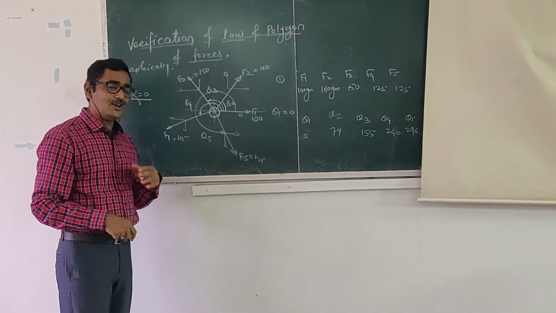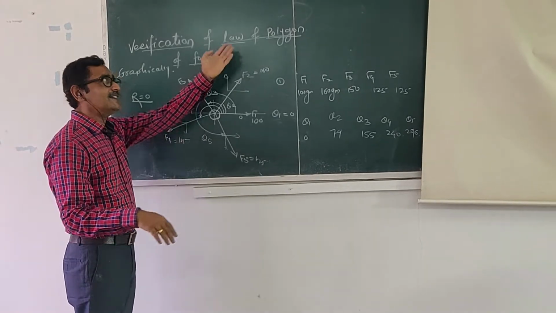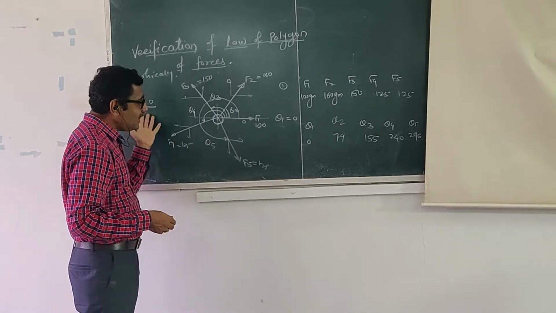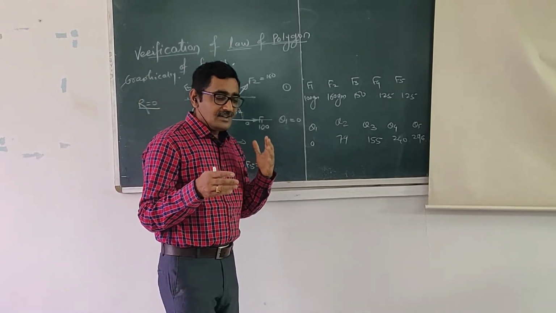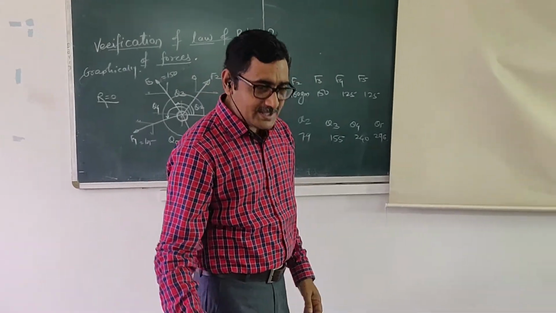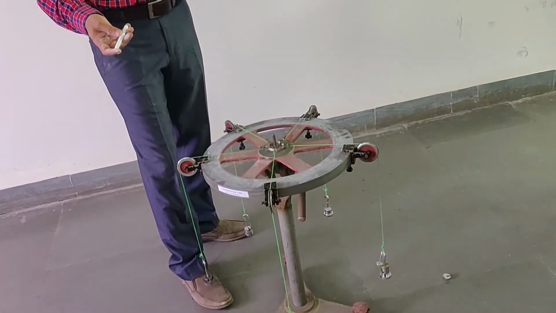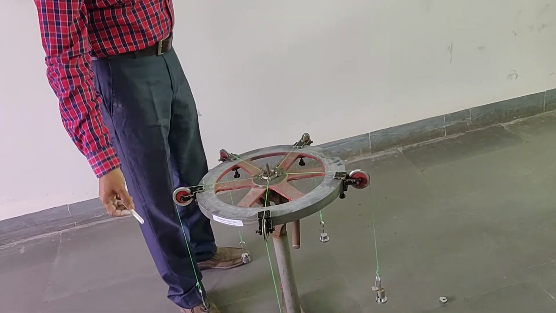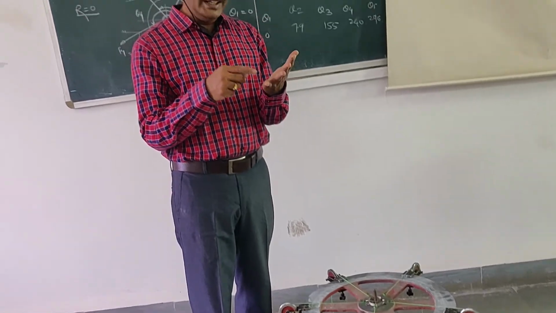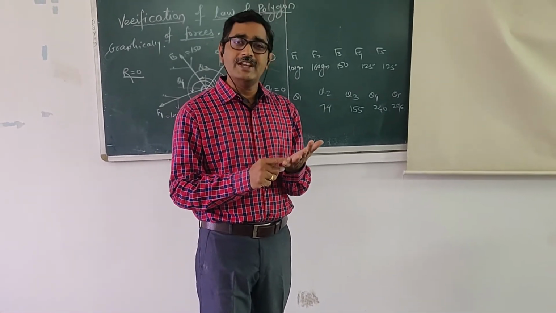If the resultant is not 0, it doesn't mean that the law of polygon of forces is not verified. That may be because of some error in this equipment, because the pulleys may not be exactly frictionless. Also, we are applying forces of only 10 gram, 25 gram and 50 gram.